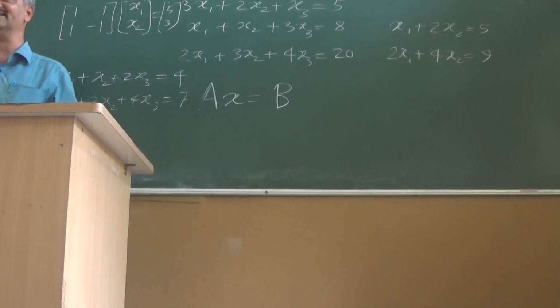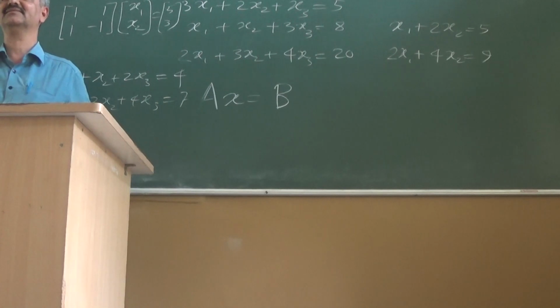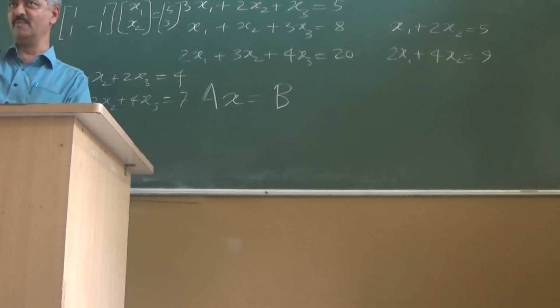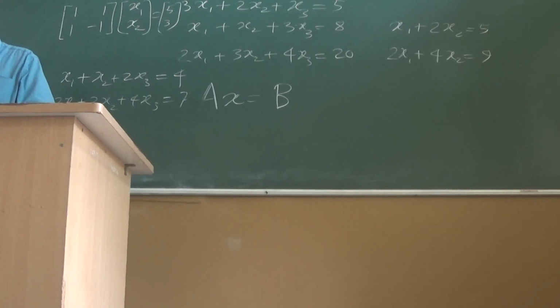Number of variables is 3, number of equations is 2. In that case, when the number of equations is less than the number of variables, what we can say guaranteed is there is no unique solution.